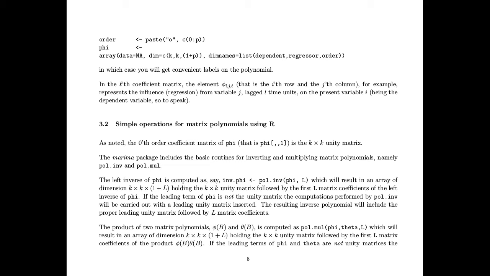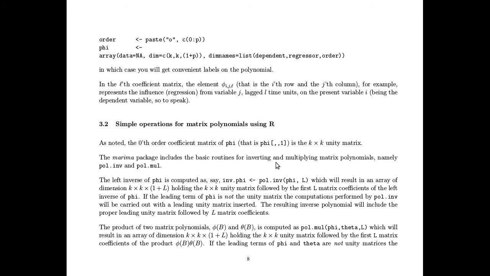So to do the inverse operator, there is a polynomial inverse operator defined, pol.inv, and what you do is give it an argument L, which is to what lag we actually want to calculate this.